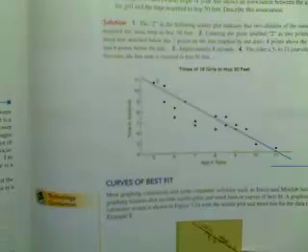Now we can use graphing calculators that will plot a scatter plot for you, and they will also determine the line of best fit. They will also give you an equation for that line, and a correlation coefficient.